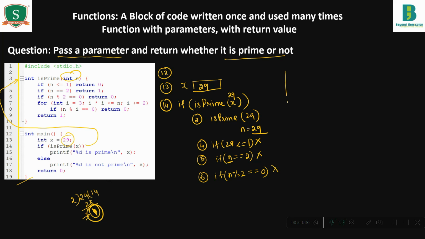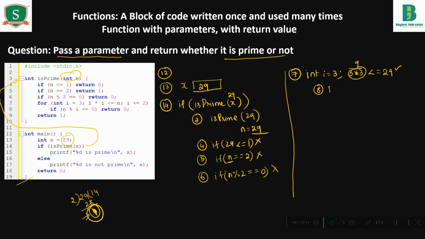Next it goes to the seventh statement. Here in the for loop, first i value is assigned to 3, and checking the condition i multiplied by i, that is 3 multiplied by 3, which is 9, less than or equal to n value 29. The condition is successful. So since the condition is successful, it goes to the 8th statement.